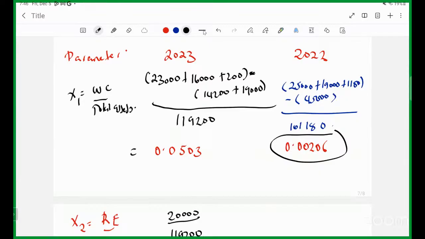180 divided by 101,180. You also get a different figure, 0.017 or 0.018. I think it is 0.0018. Mine is 0.018.